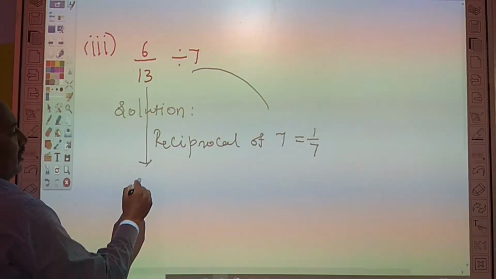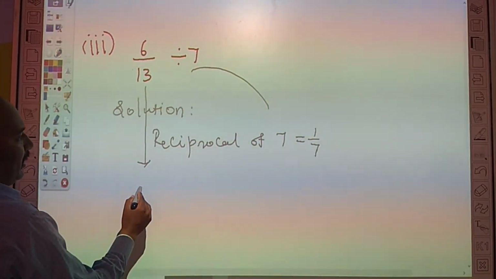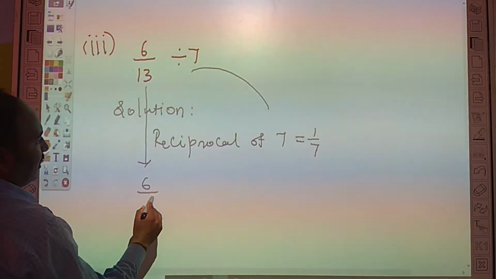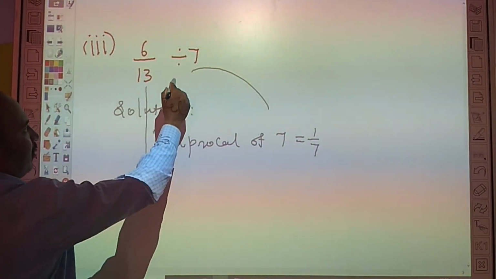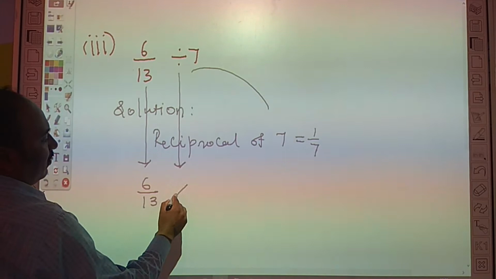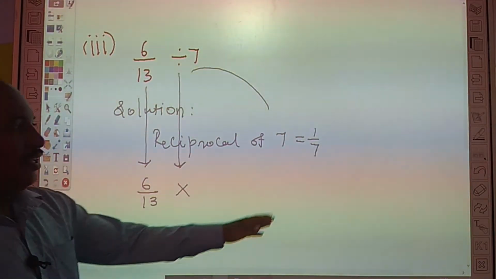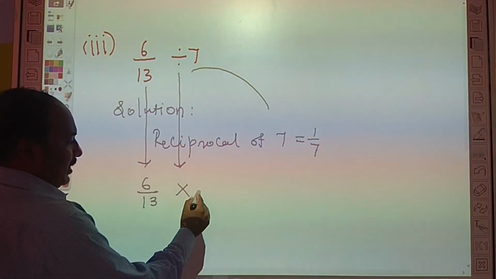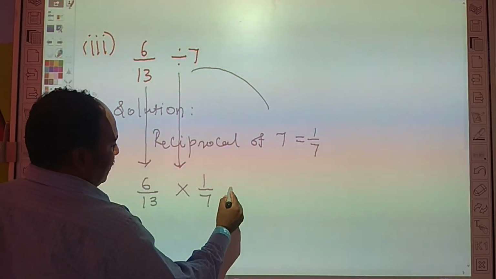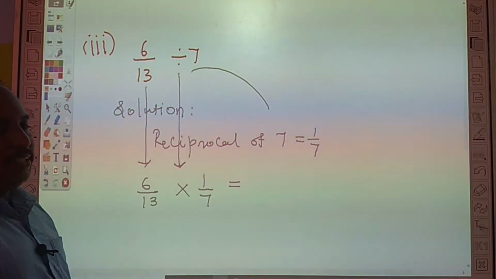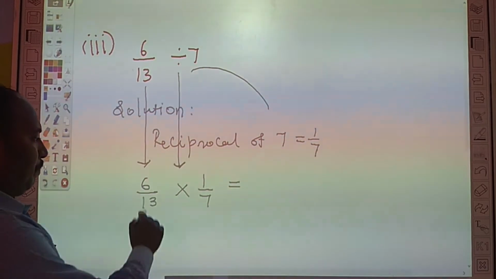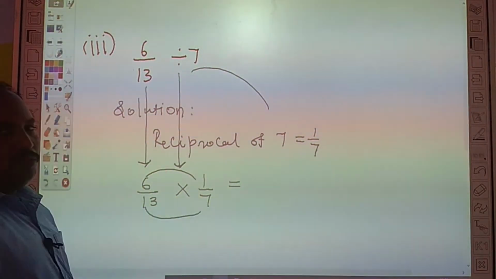The next given number is 6 divided by 13. The division converts to multiplication. Then multiply by the number 1 by 7.